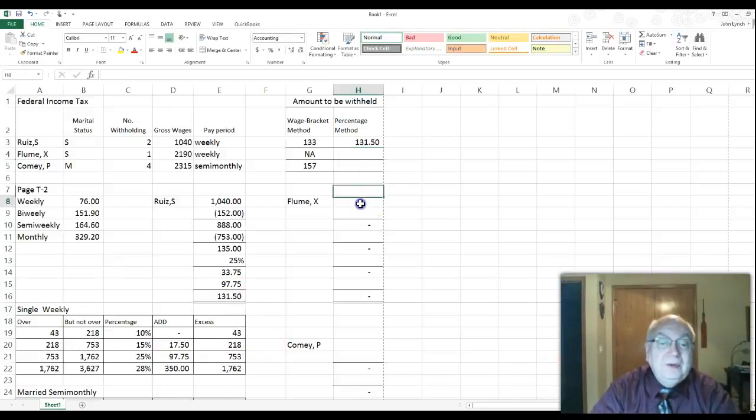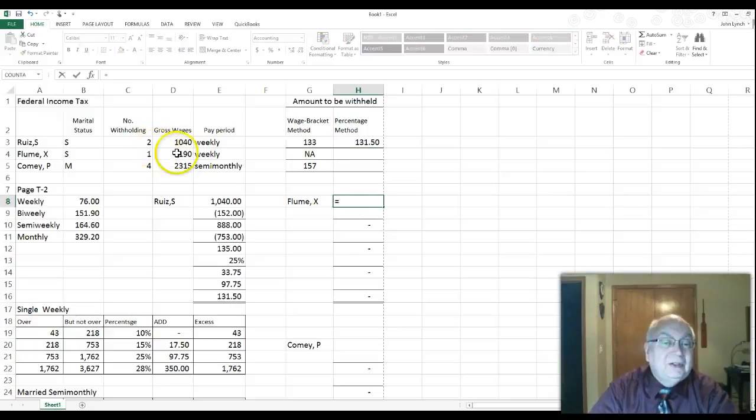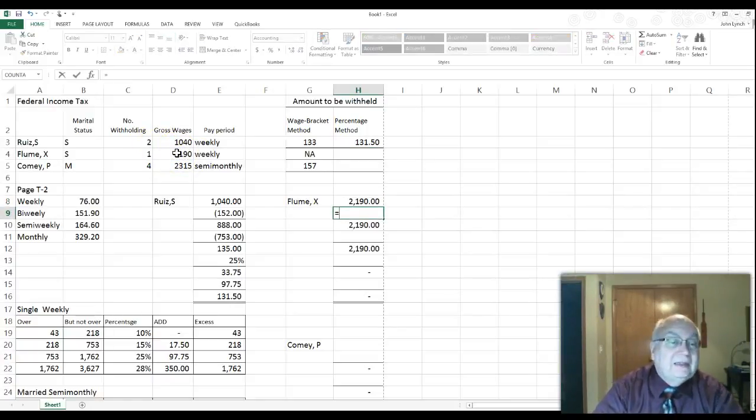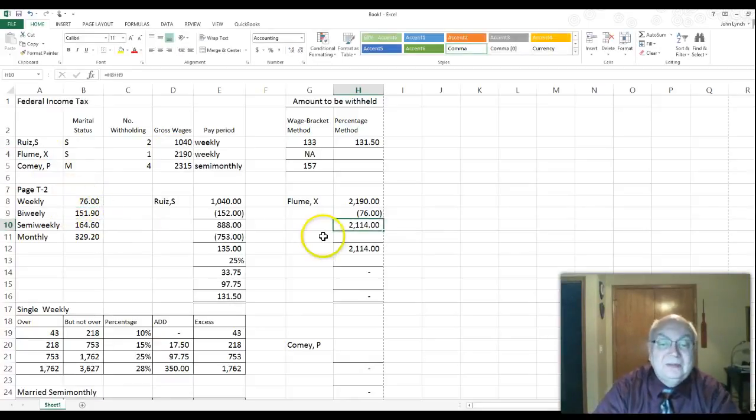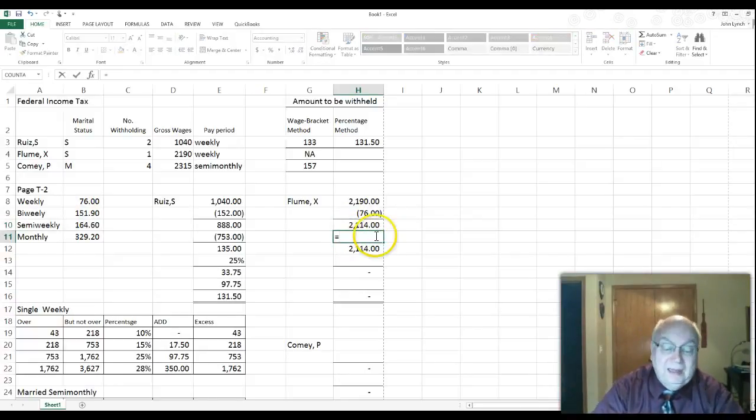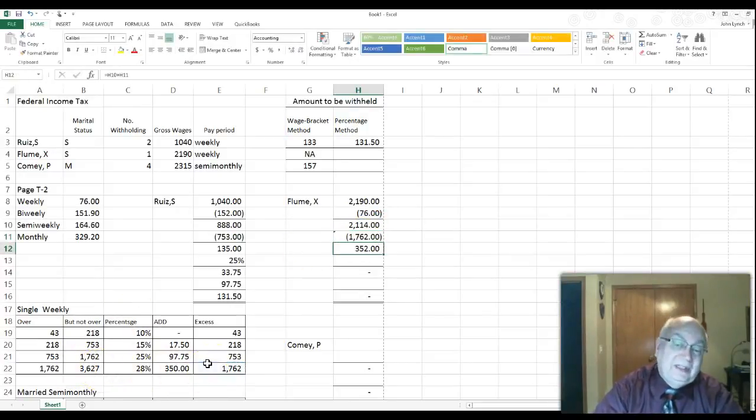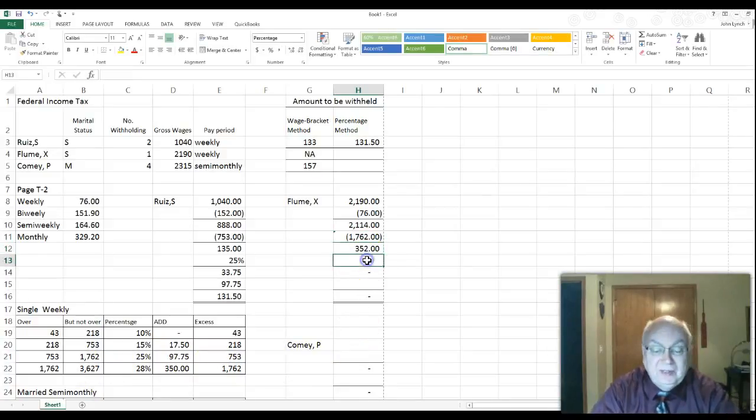Okay, the next one, the gross wages was 2190. Single, so we just subtract off the $76. Now we look at what amount does that fall into. Well, that's this category here. So we subtract off the 1762 for that, gives us 352.